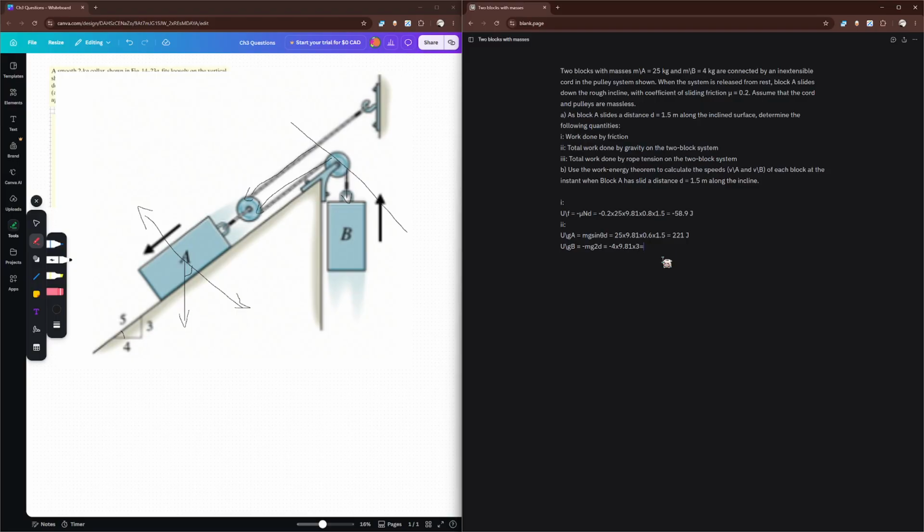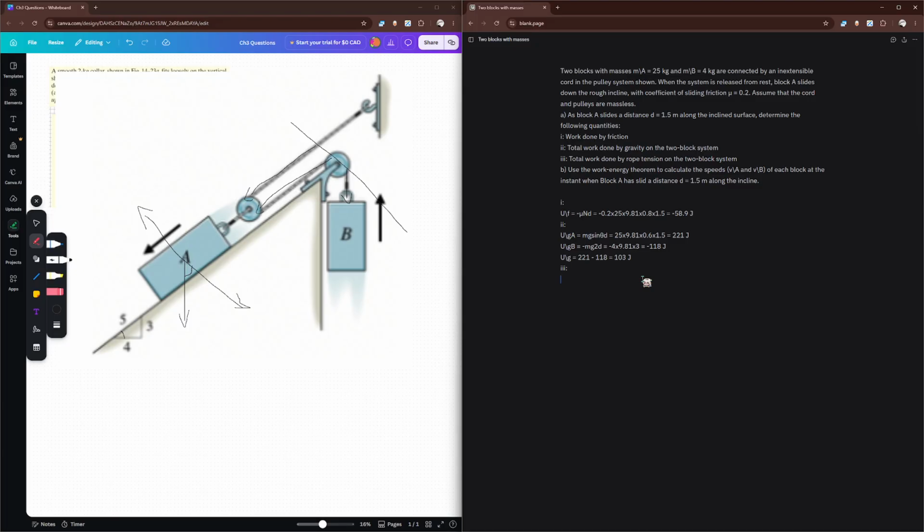So negative 12 times 9.81. This is equal to negative 118 joules. And to get the total UG, we just add these two numbers. So 221 minus 118 is equal to 103 joules.